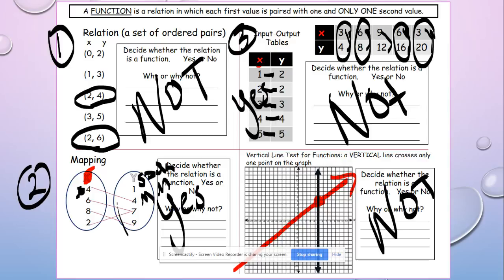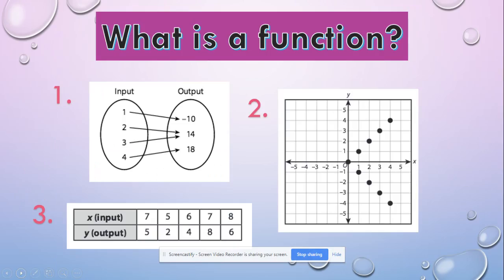Next, I would like you to take a look at a couple different relations and see if they are functions or not functions. You have examples 1, 2, and 3. For each of these examples, I want you to tell me, is it a function or is it not a function?